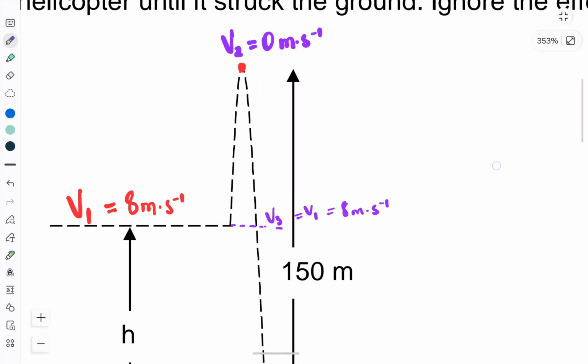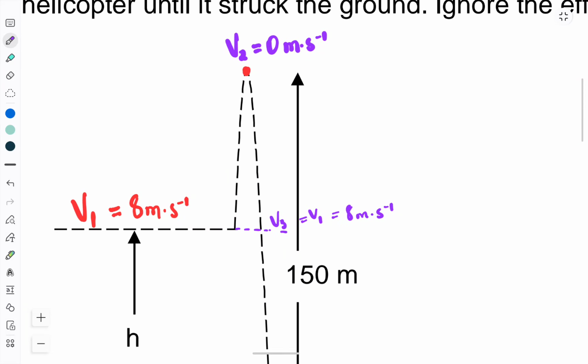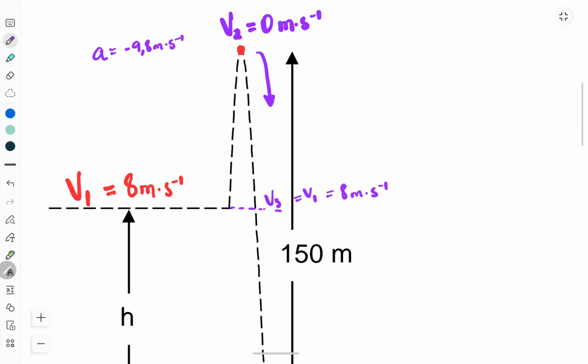What else happens though? As it's moving upwards, the acceleration due to gravity will be 9.8 meters per second squared. Right, so if we choose upwards as positive, the acceleration will be negative. So basically it is slowing down as it moves upwards. And then as soon as it comes this side, downwards, the acceleration and the direction of motion are the same.